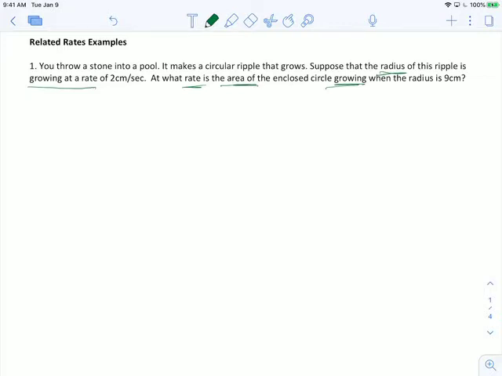And so those point us to identifying the quantities that are changing over time. So we'll say the radius of the circle, we'll call it r, and the area of the circle, and I'm going to call that capital A.